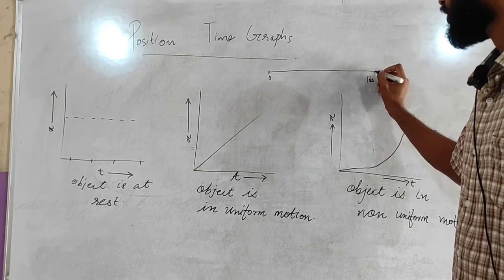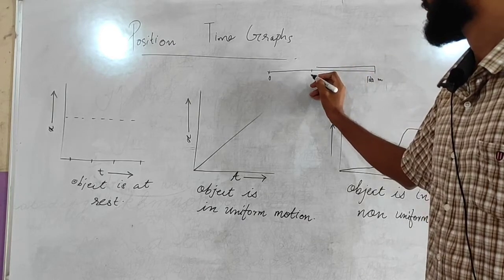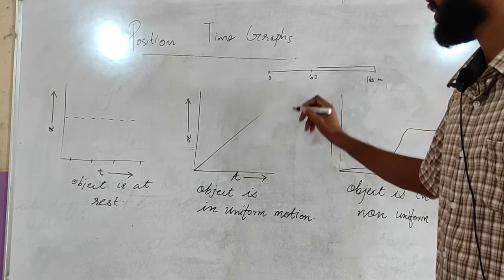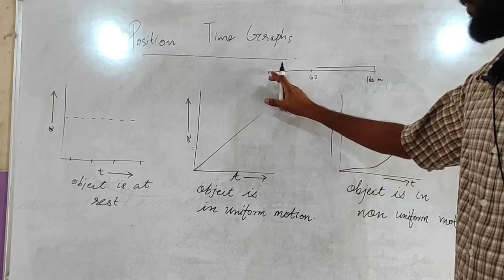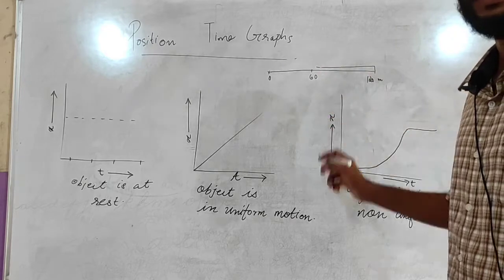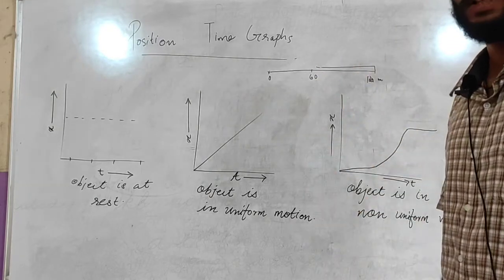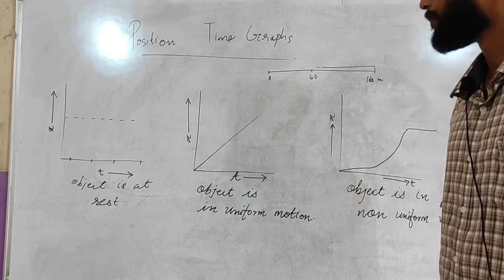And if it turns back, reached at 60, then 120 plus 120 minus 60, that is 60. So 120 plus 60 meters will be the total path length.